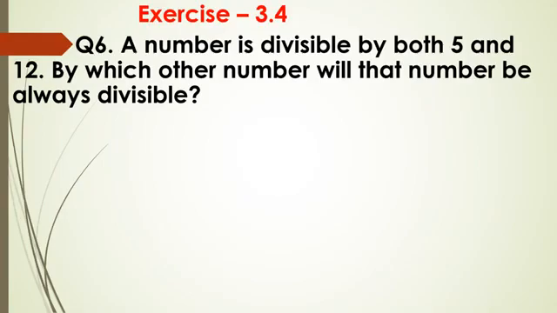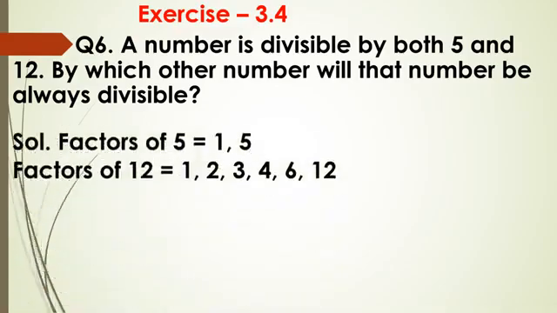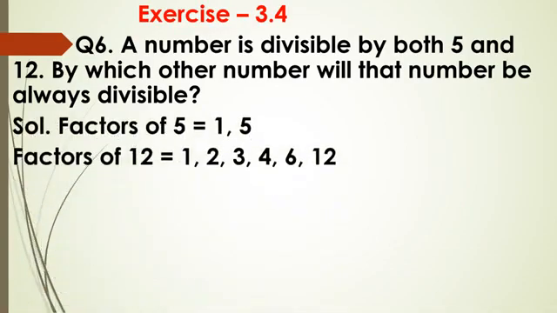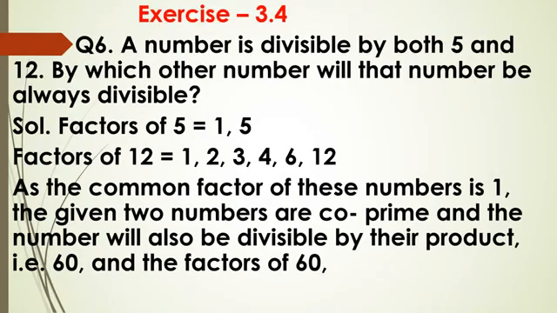How will you see? Make the factors of 5. Make the factors of 12. See what common factors are in this. Common factor is only 1. So if the common factor is only 1, that means these are co-prime numbers. Just now I have told you what co-prime numbers are: if the common factor is 1 only, then the numbers are called co-prime numbers.